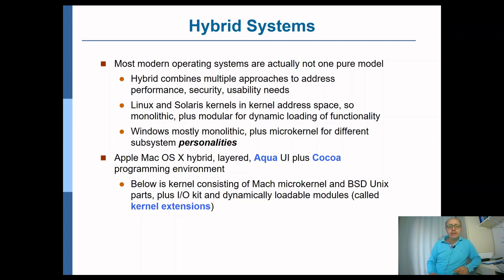And for the kernel, they're making use of the microkernel of Mach, and also they're benefiting from some components of the BSD, Berkeley Software Distribution, flavor of Unix. They also have some additional I/O kits and dynamically loadable modules, which they call the kernel extensions.